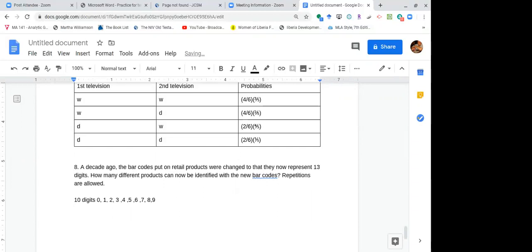Now, you're making a 13-digit number, essentially. So you're essentially making 13 digits. Let me see if I can do this like this.